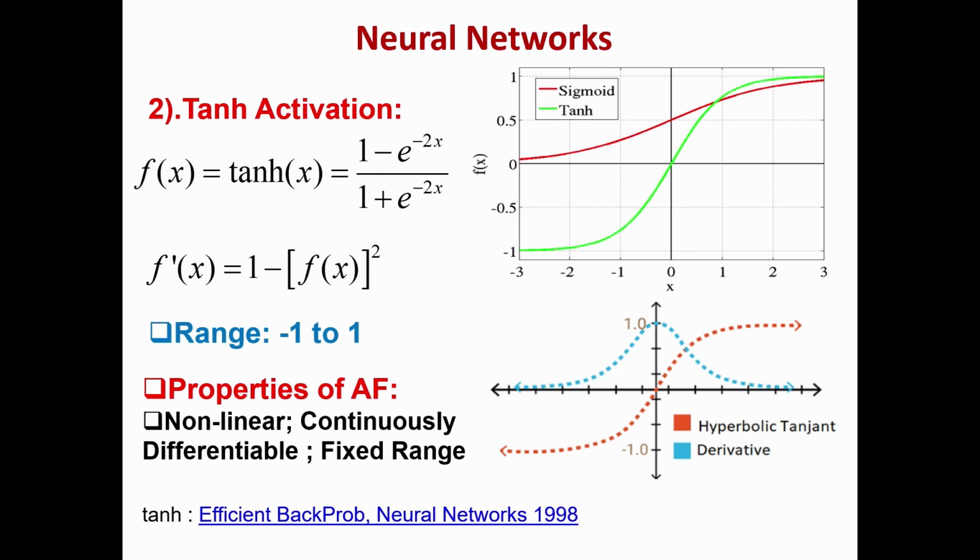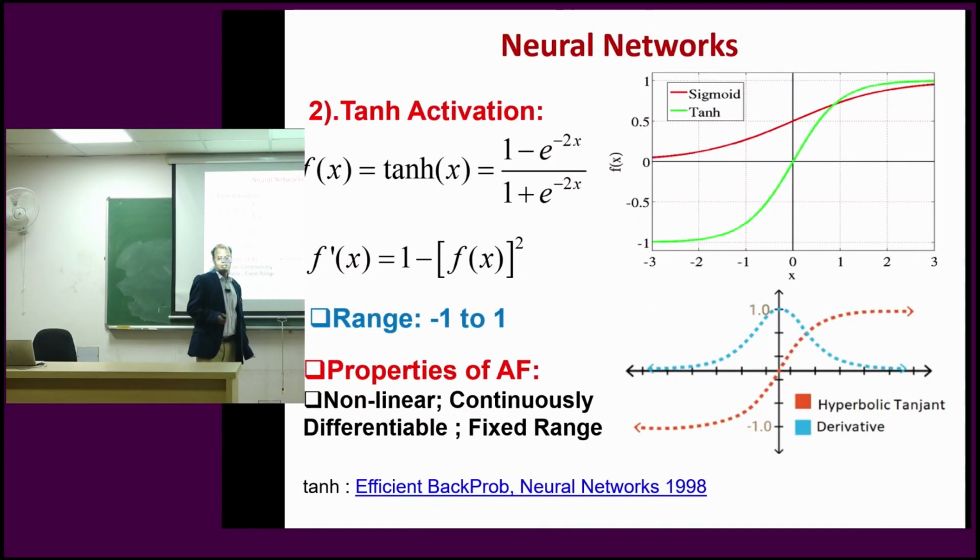And if you see the function here, it keeps increasing, so the function is monotonic, but the derivative is non-monotonic. The blue curve indicates the derivative of the tanh activation, and the red curve is your tanh function. So the derivative is a non-monotonic function.